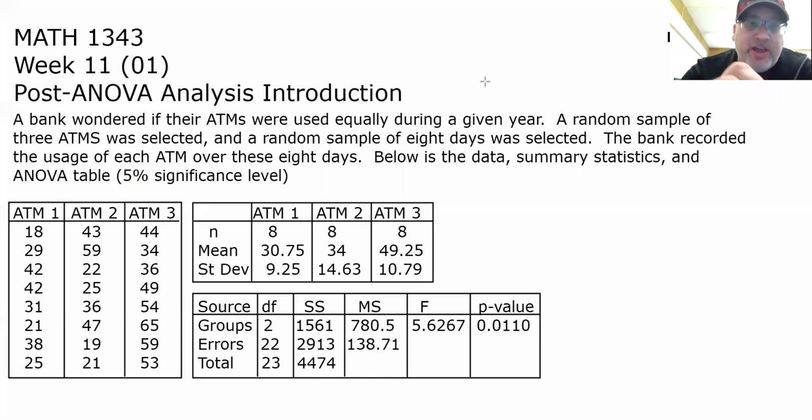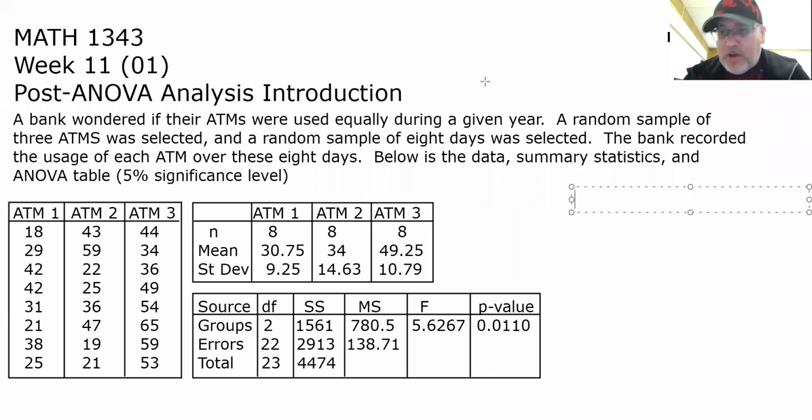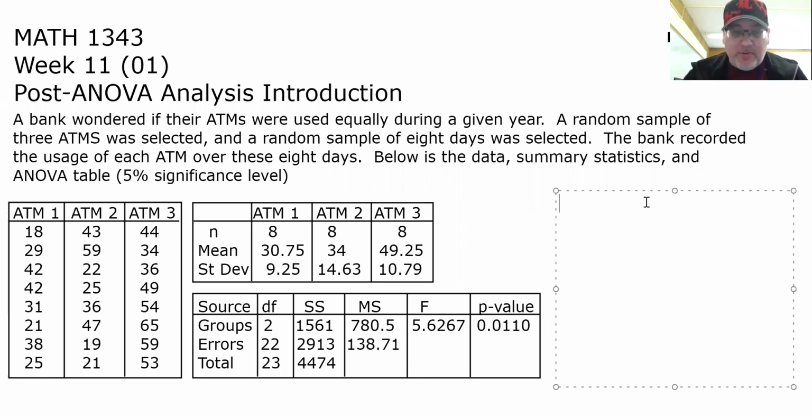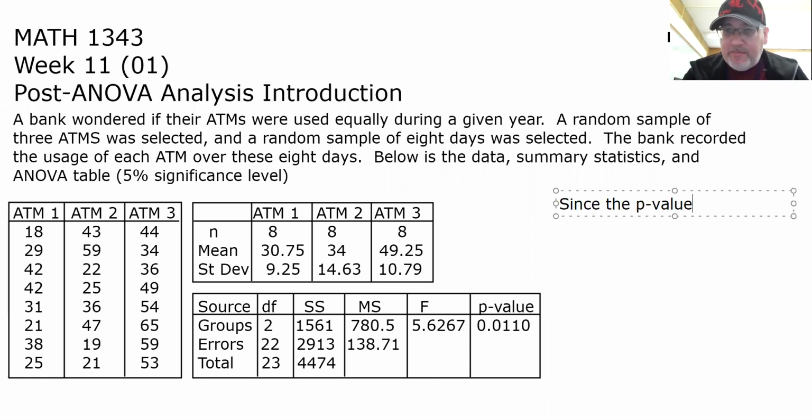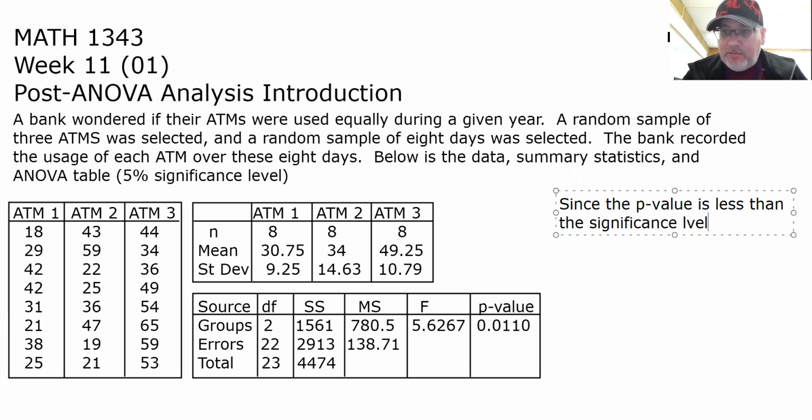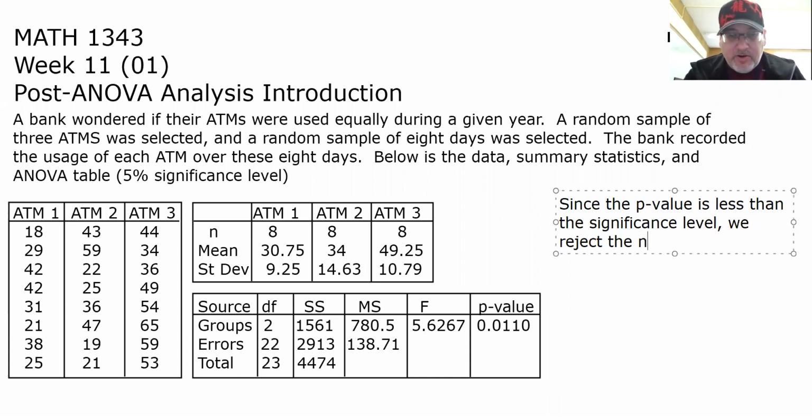In fact, let's go ahead and say how this ANOVA would end because of the p-value compared to the significance level. Since the p-value is less than the significance level, we reject the null hypothesis, which is all means are equal.